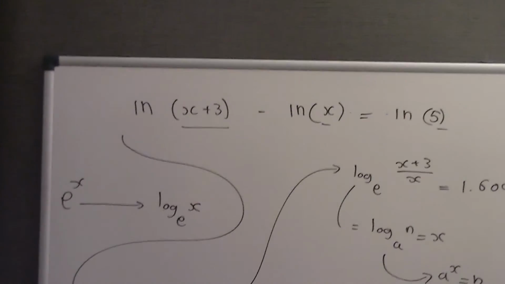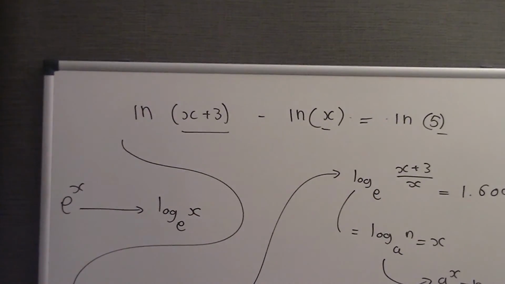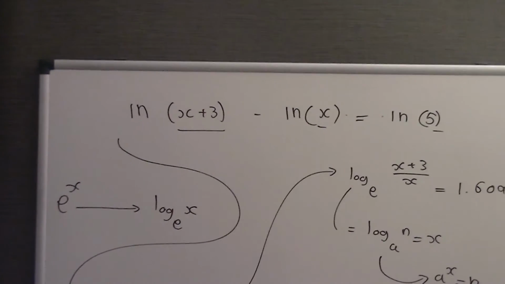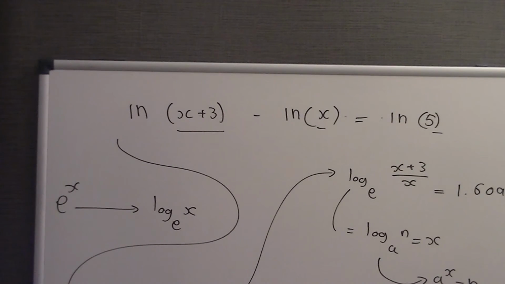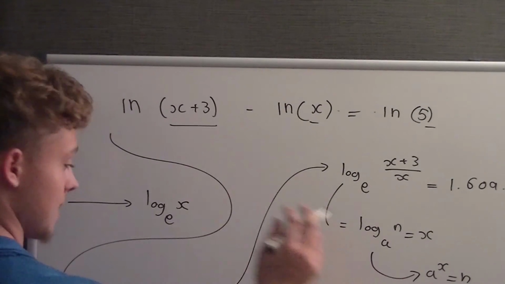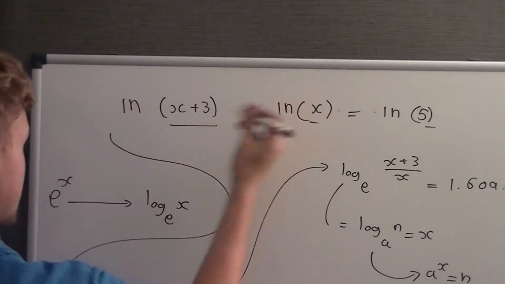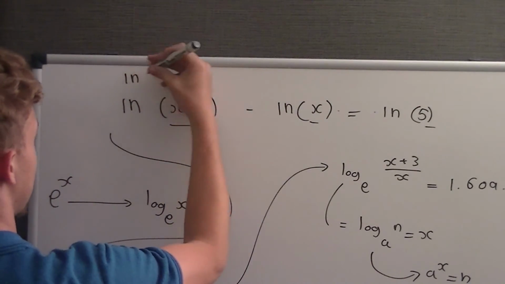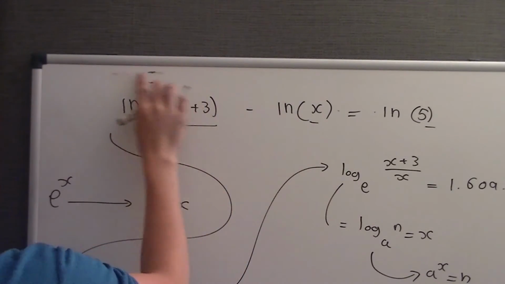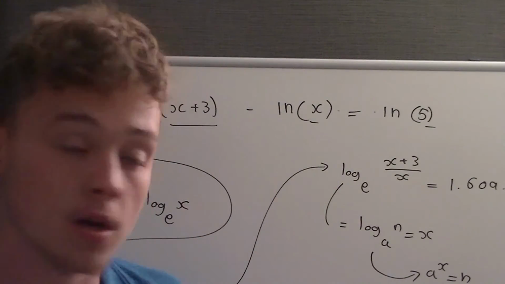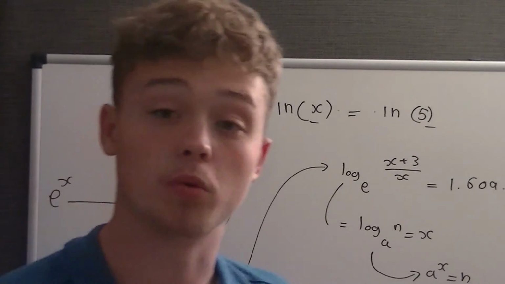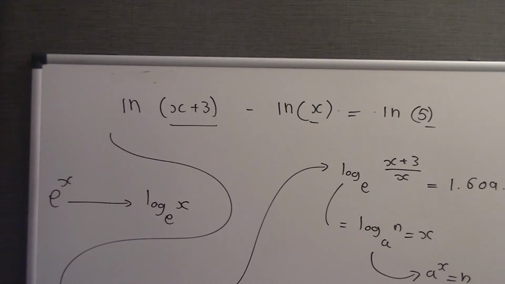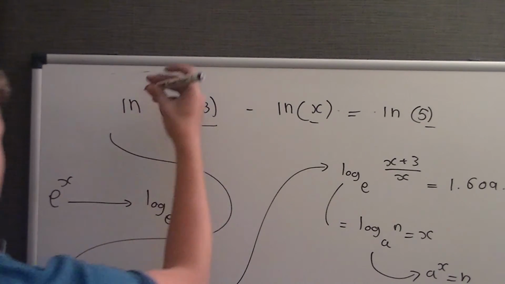So if we assume I was right with x equal to 3/4, what we do is we substitute x equals 3/4 into this equation. So if we do ln of 0.75 plus 3, that's 1.32.